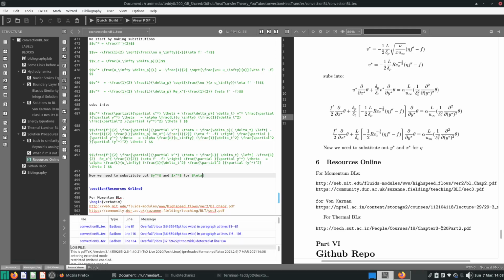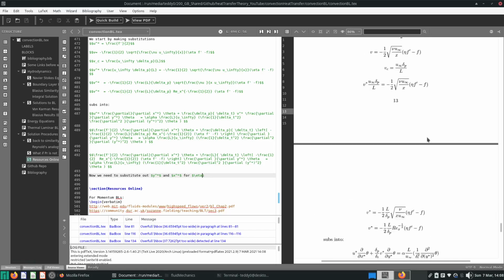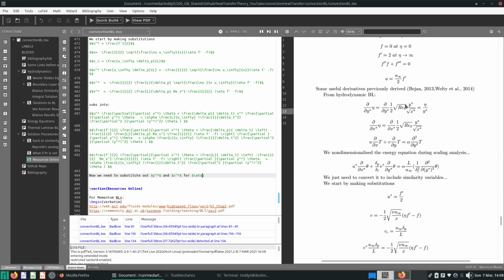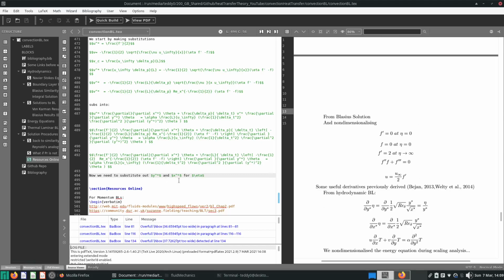Now, a little bit of a problem here, we cannot use what we were doing before exactly the same way, because these are actually based on different length scales altogether. So we might have to start from scratch.